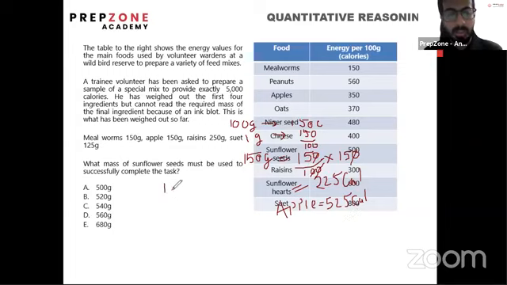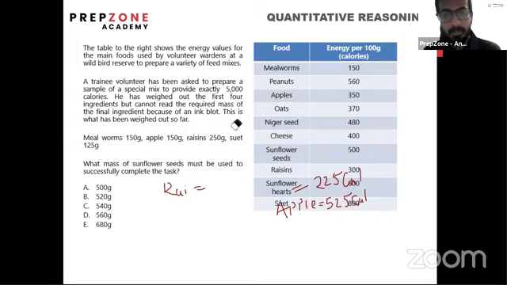Similarly, let's look at raisins. Raisins is 250 grams, which is basically 2.5 times 100 grams.